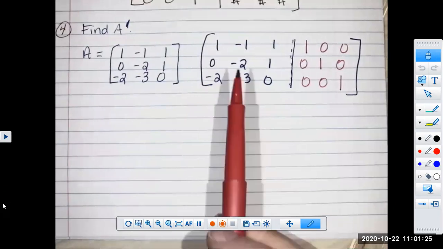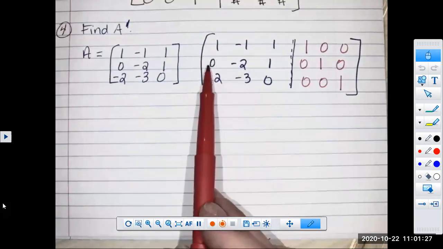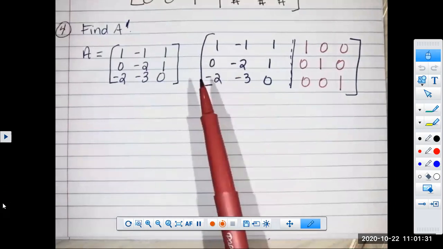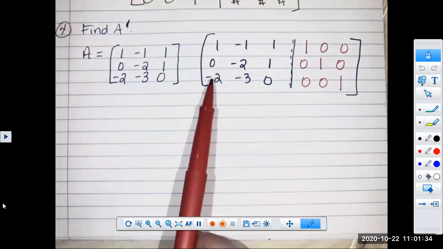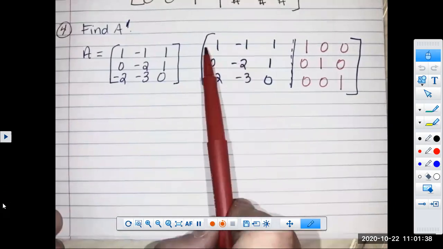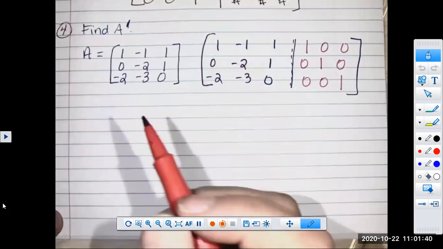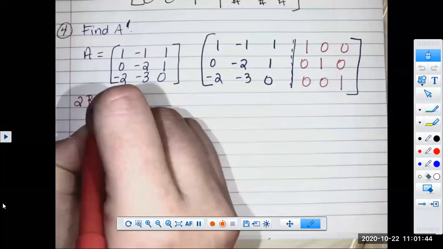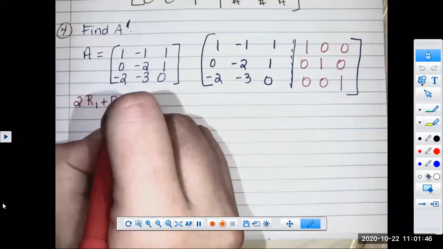You can't use row 2 because it has 0 there, and 0 times anything is going to be 0, so that will not help you eliminate this. What can you multiply row 1 by? Good. So let's multiply row 1 by +2, and I'm going to add it to row 2.